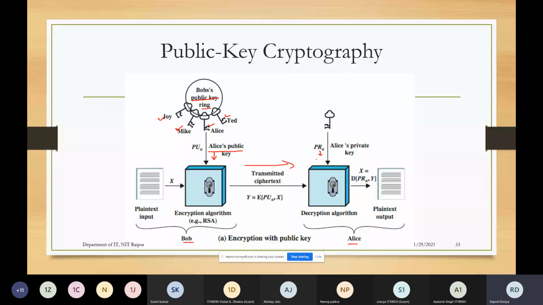No one else except Alice can decrypt, because each public key has a unique private key. So this public key can be opened only with this private key. No one else can open it. So this is how the public key crypto system looks like.